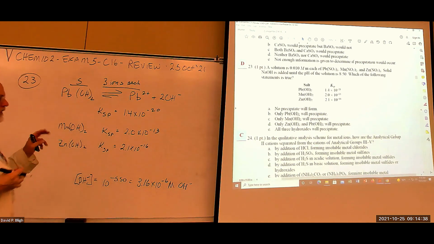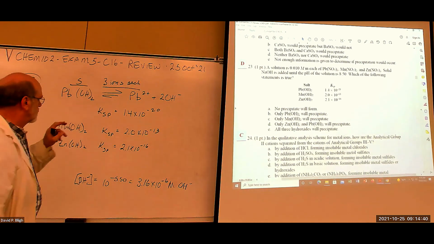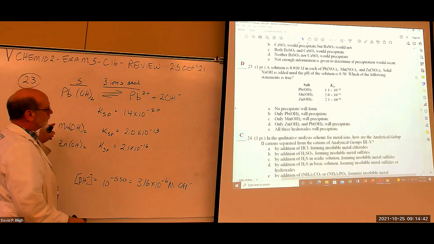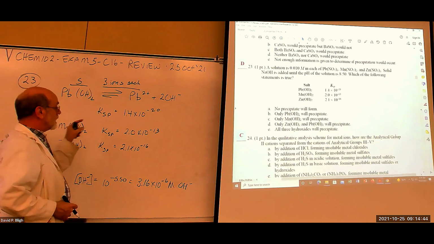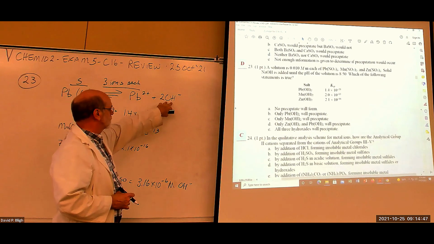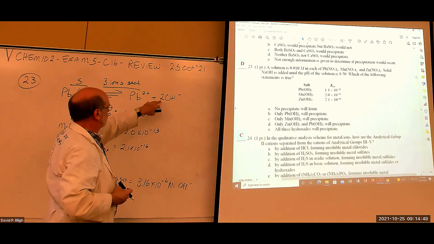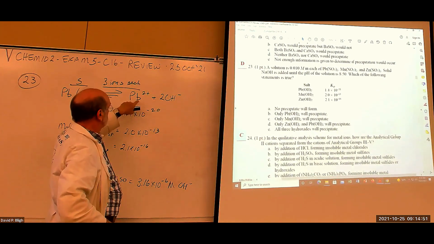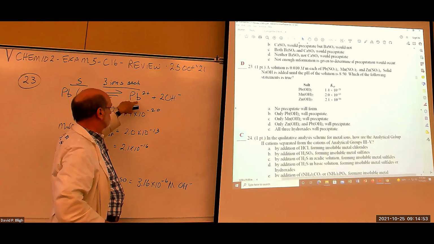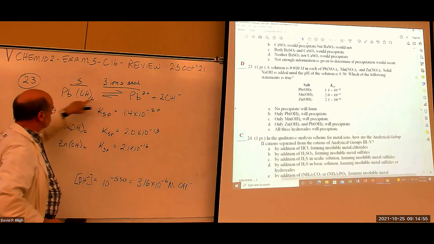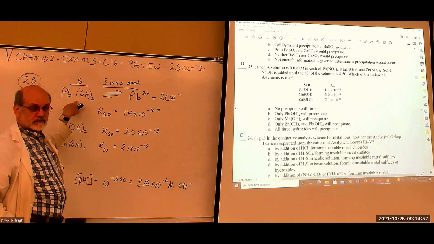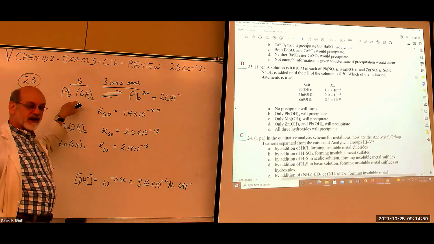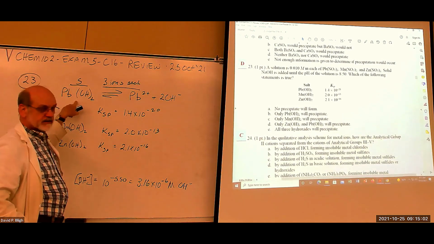Okay, in order to determine which way the reaction is going to go, if you have this much in solution and you've got so much of this in solution, you want to see, does this come out of solution? So what we're actually comparing is the KSPs and the Qs.